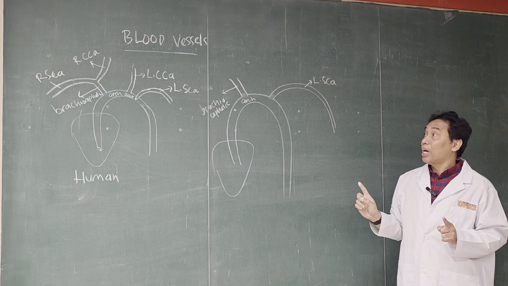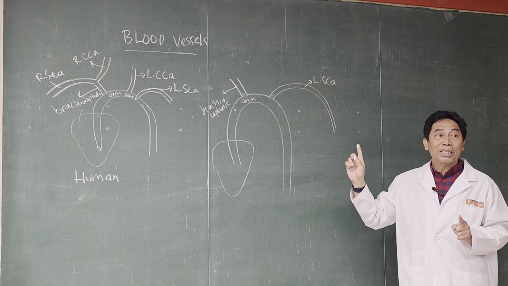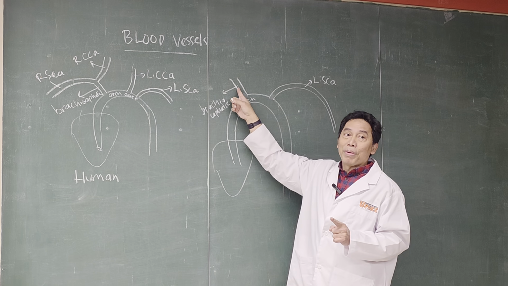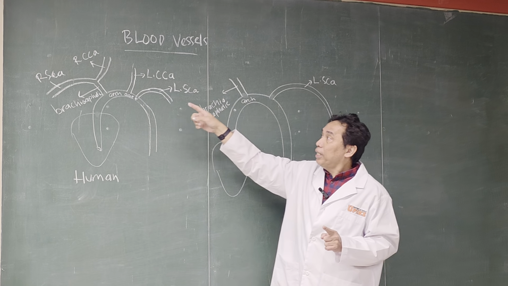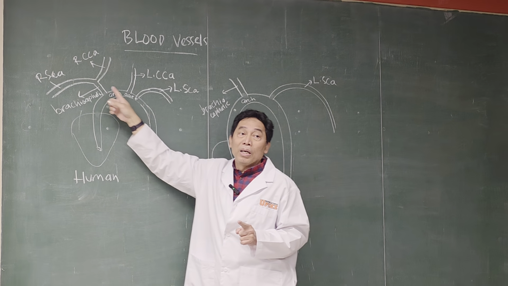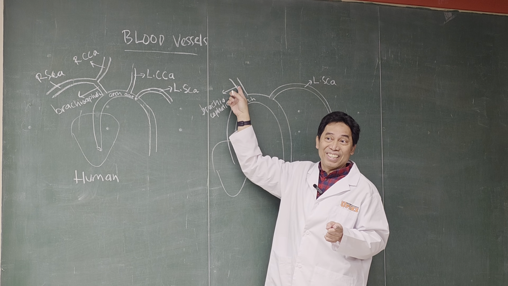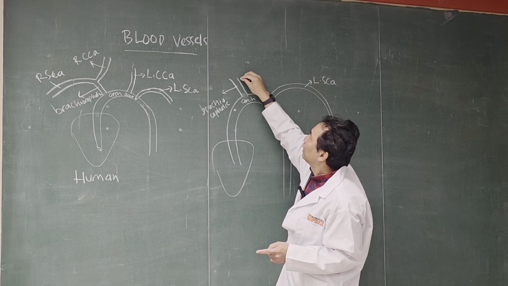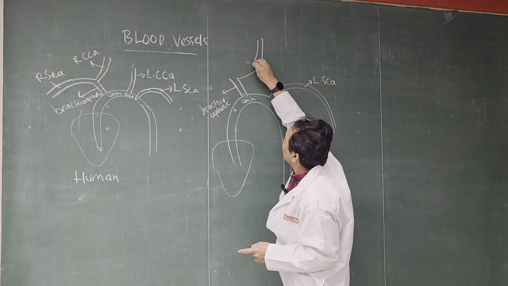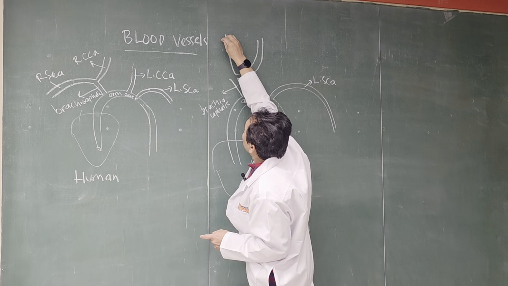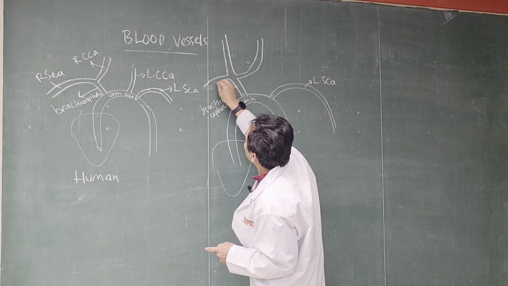Okay, now what about the common carotid artery? Both of them come from this brachiocephalic. Over here in human it only branches into two. Here it will be branching into three arteries on the pig. So it's going to be like this, going there and going here.